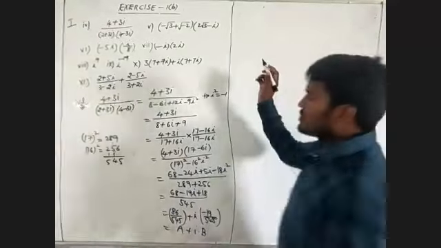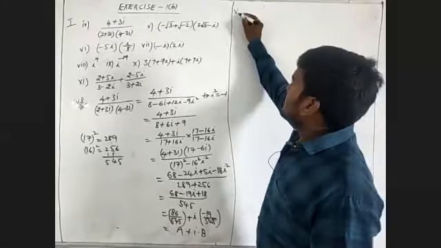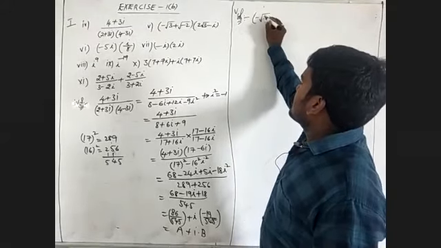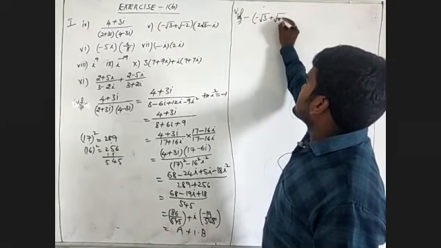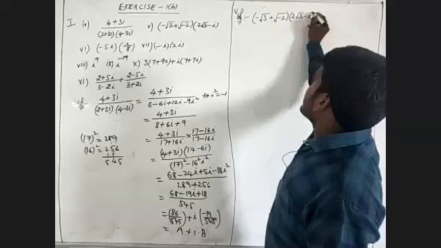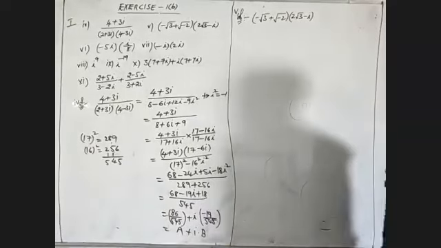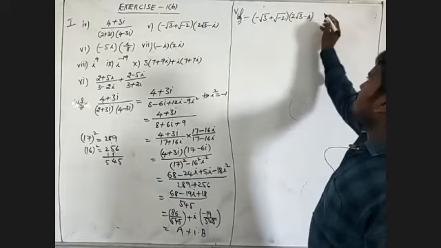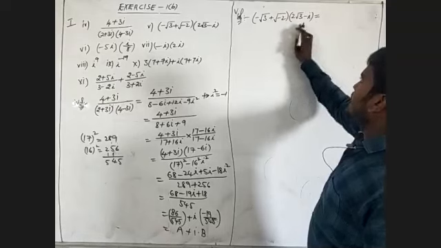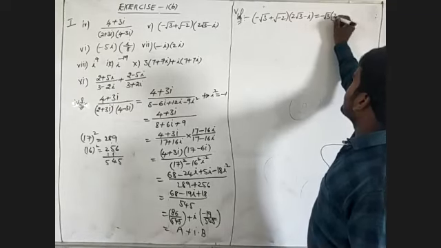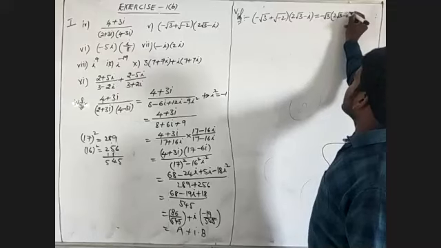Now I am going to the fifth one. Minus root 3 plus root of minus 2 into 2 root 3 minus i. That means here this one can be multiplied by the entire term. That means minus root 3 into 2 root 3 minus i.